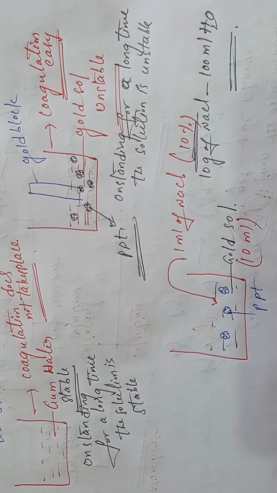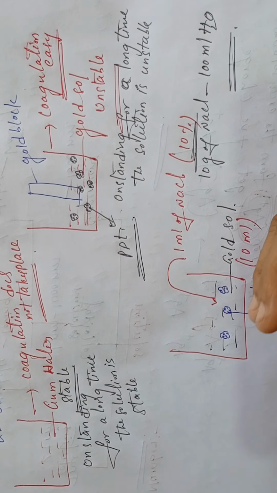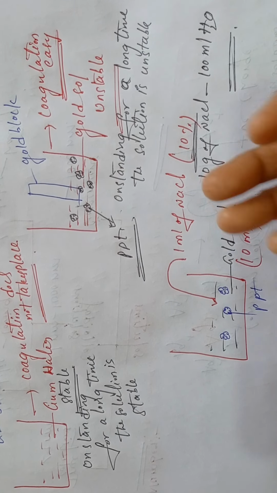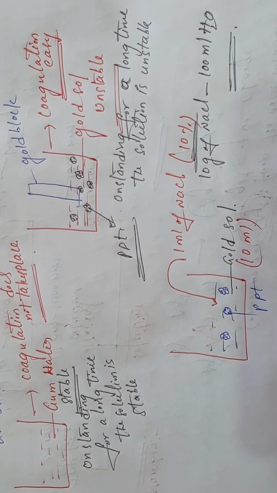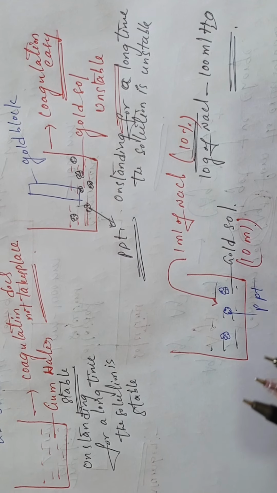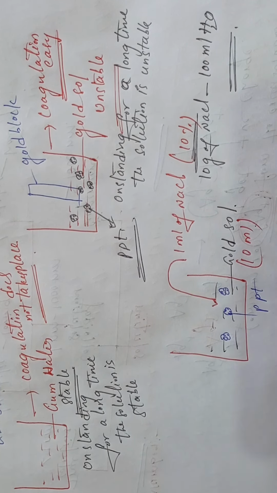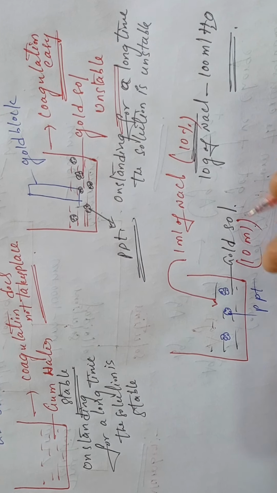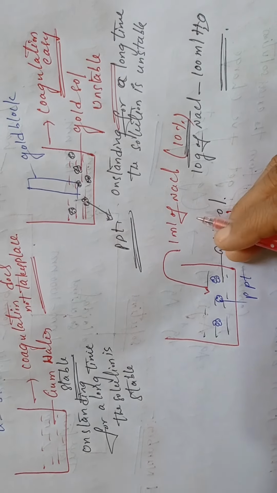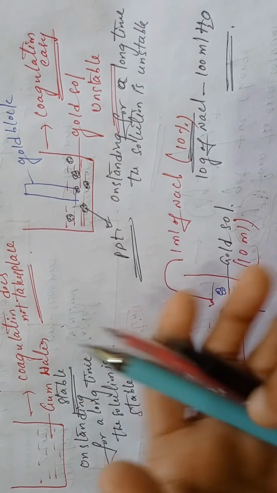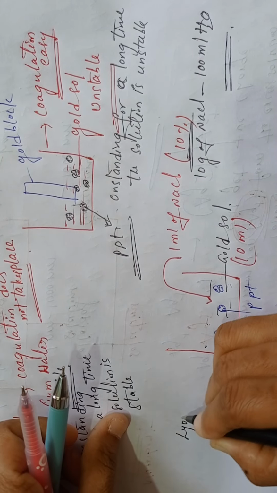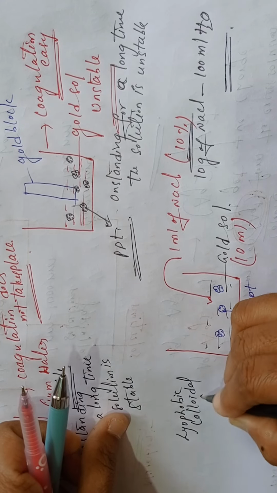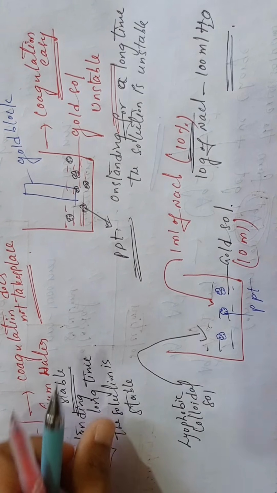So to stop this PPT, we want to make this unstable lyophobic solution stable, students. It should be stable. So to prevent the precipitate, here I am going to add lyophilic colloidal salt to this solution.